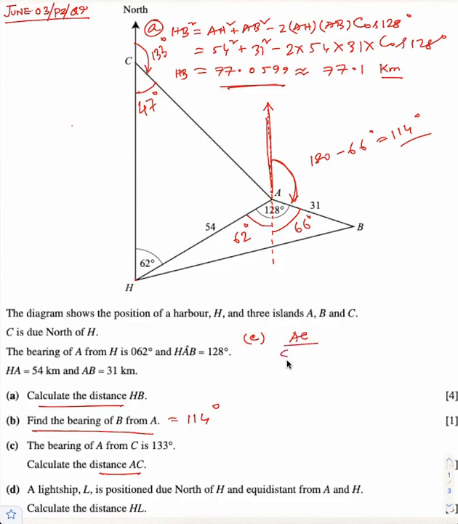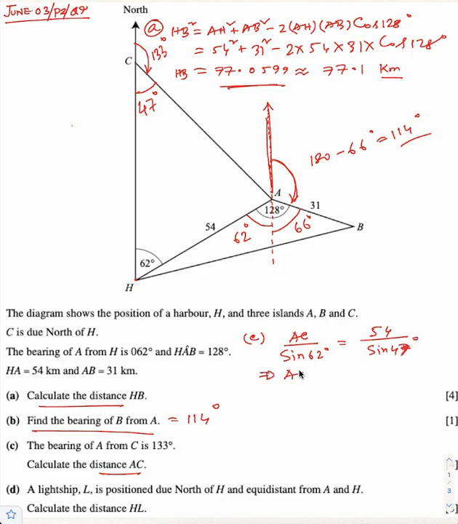AC over sine 62 equal to 54 over sine 47.